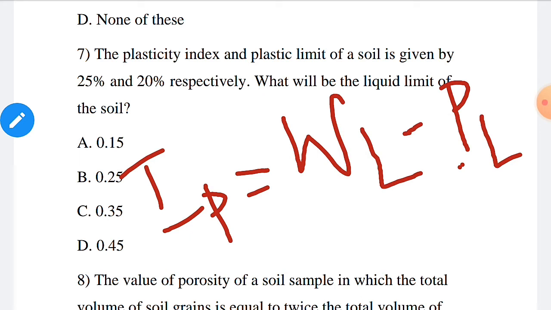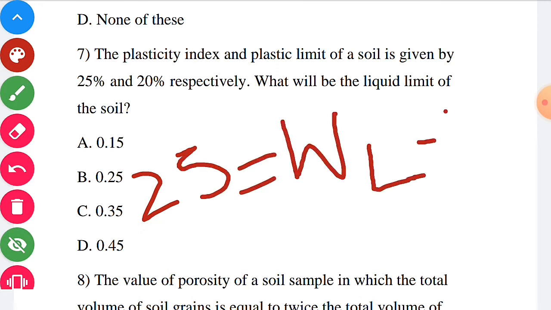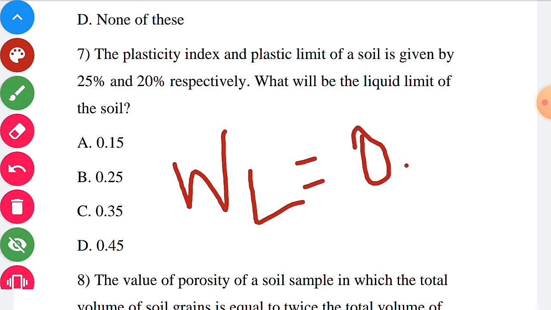Therefore, IP is given as 25% and liquid limit is unknown. Plastic limit is 20%. By resolving it, we get liquid limit equal to 0.45. Therefore, the correct answer for this question is option D, 0.45 or else 45%.